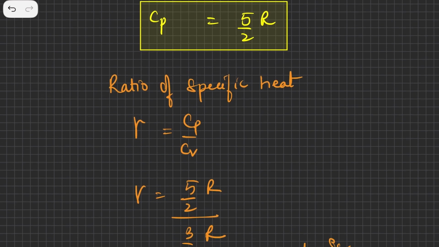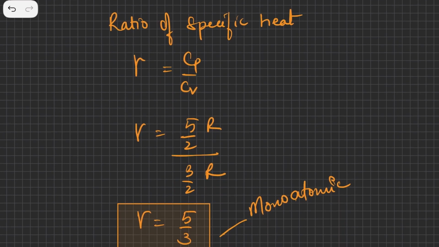Now the ratio of specific heats, gamma, is equal to Cp by Cv. Cp is 5 by 2 R and Cv is 3 by 2 R. R and R get cut, 2 and 2 get cut, and what remains is 5 upon 3. And this gamma is for a monoatomic gas. So it works either way. If a gas is monoatomic, you can take gamma as 5 by 3.